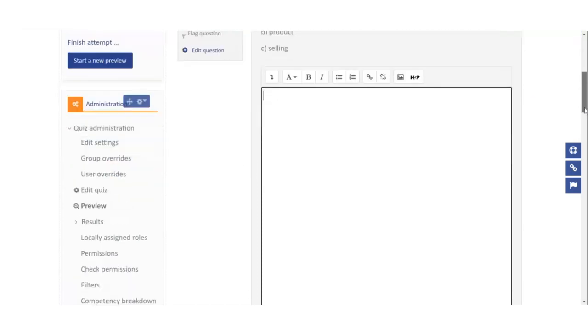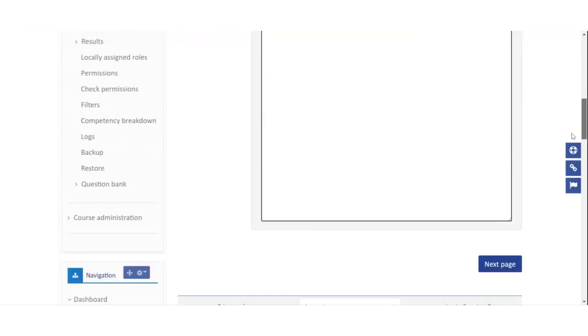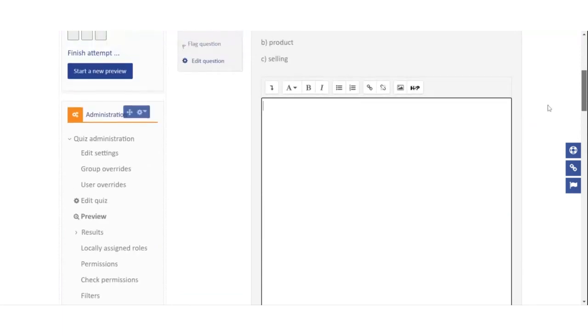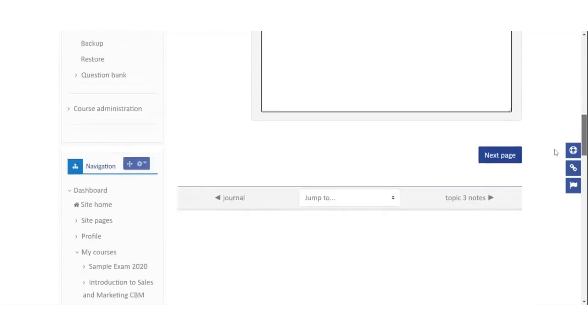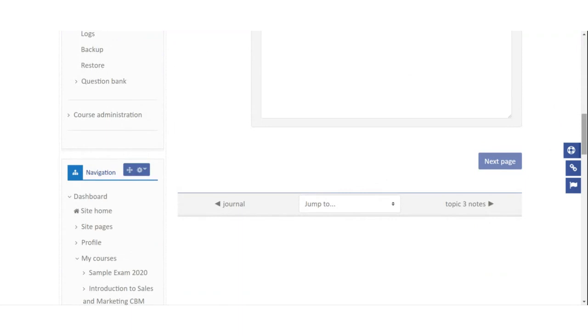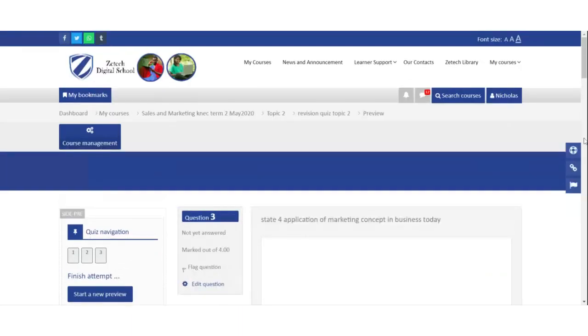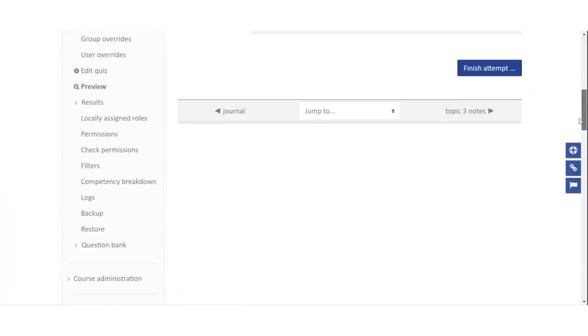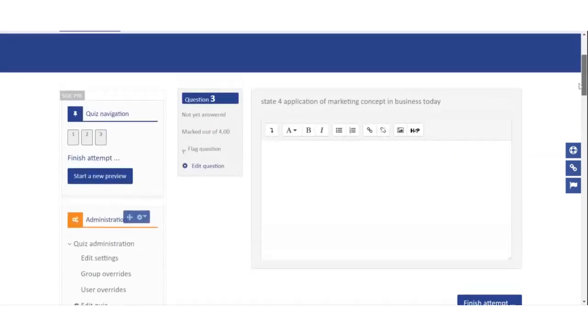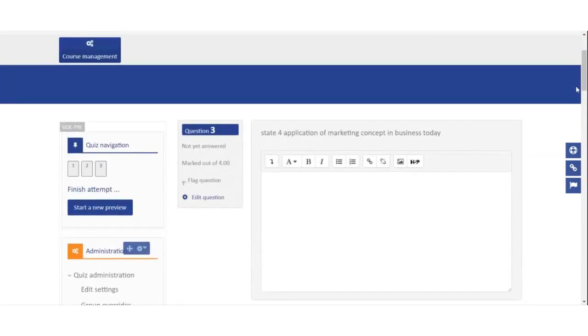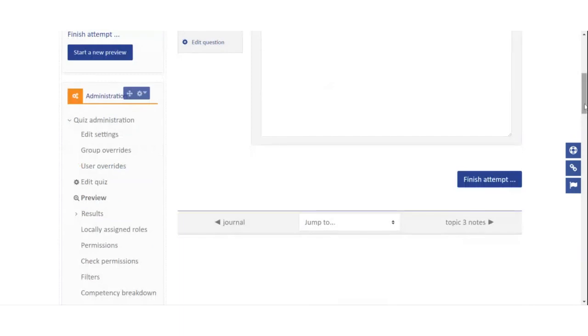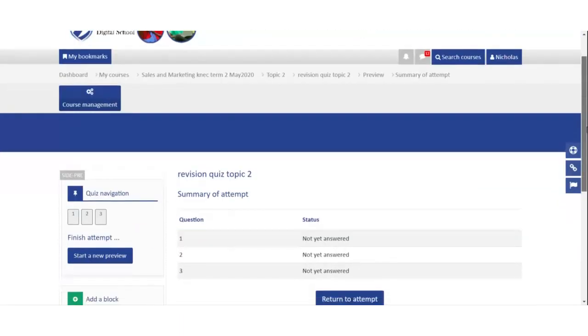C, selling concept. You have a lot of space to do it. And then you go to the next one, and finish attempt. Then that would be fantastic. Okay.